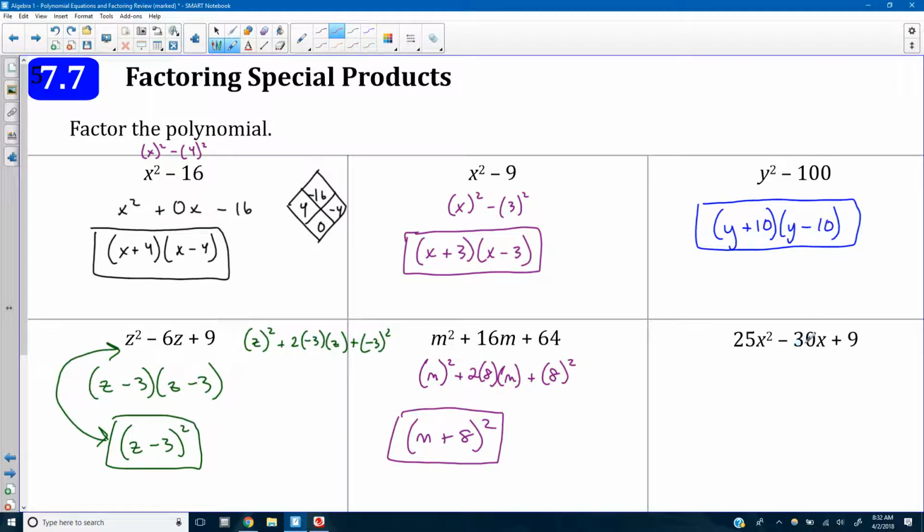Double is negative 30. Yes, it is. So this will become 5x minus 3 squared. And again, if you know what you're doing there, you can do it. If you don't, hey, multiply 25 times 9, ask what two numbers multiply by that and all that, and you can keep going. But if you recognize this stuff, it'll go a long way.